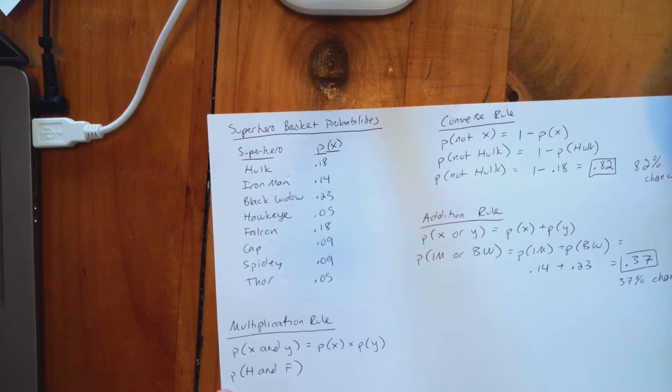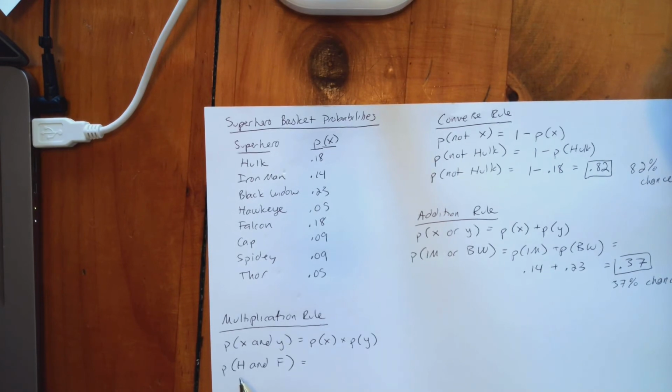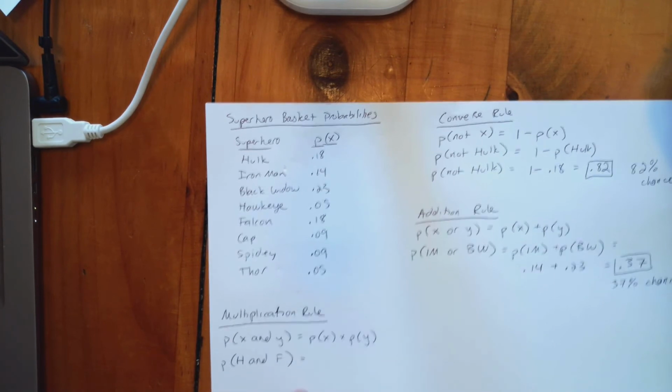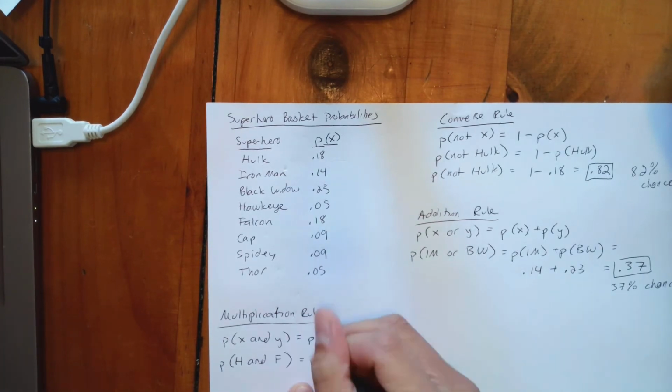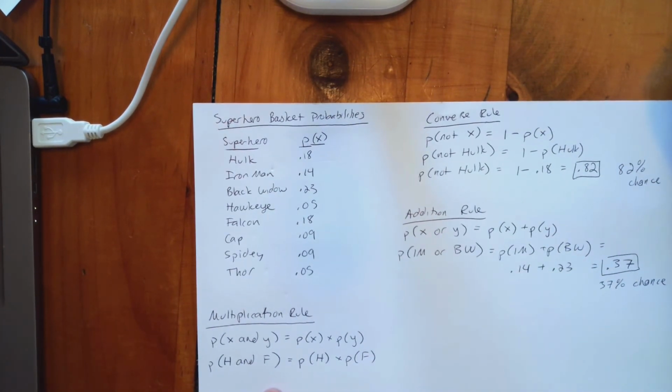Again, I'm just abbreviating them here with H and F. So we want to know the probability of getting a Hawkeye and then a Falcon. This is time ordered here. We're talking about the probability of getting this one and then getting one after it. So in order to get the probability of Hawkeye and Falcon, we plug in their probabilities: the probability of getting Hawkeye times the probability of getting Falcon. And we can just plug and play from here.